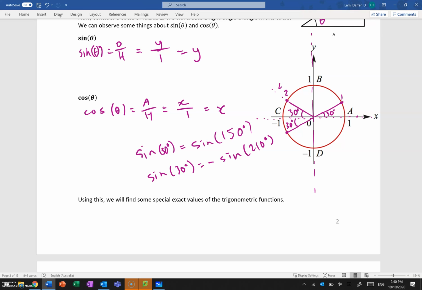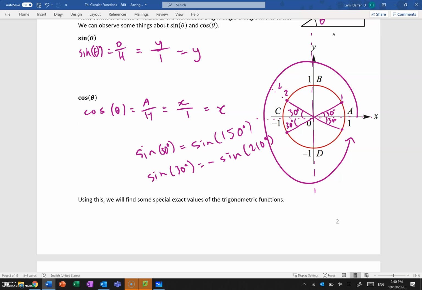Intuitively, it makes sense that if I do the same thing on this side, that's 30 degrees. How many degrees is it from point A all the way around to here? 360, good. But then from here to there, which is how many degrees?